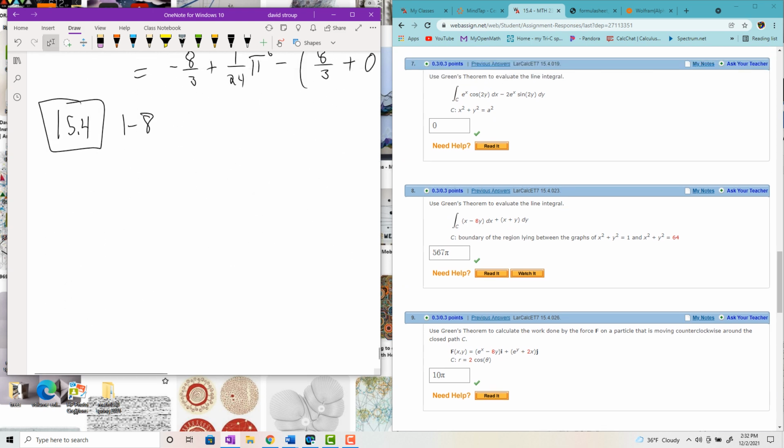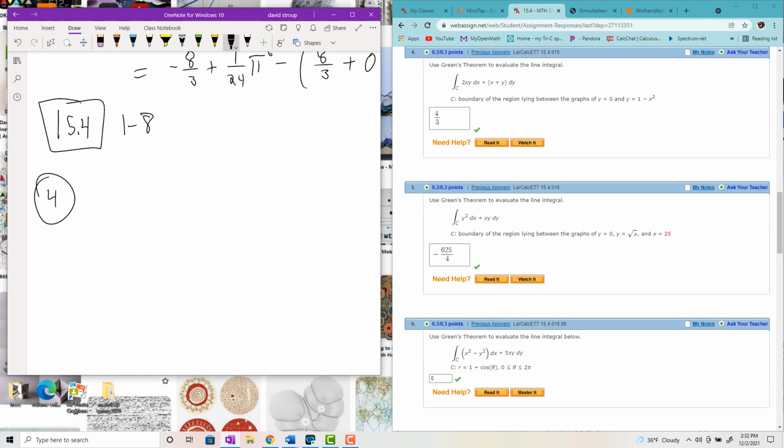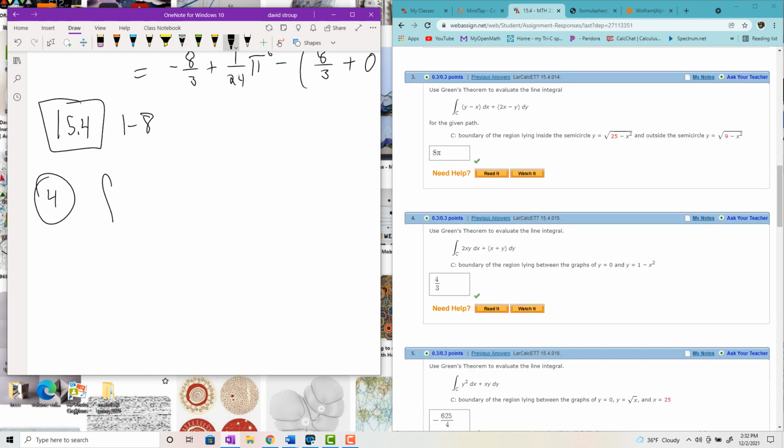Let's look at number 4. So number 4, they give us this differential form of the line integral of the vector field on this curve C. And the curve C is the boundary of the region between the graphs given by y equals 0 and y equals 1 minus x squared.